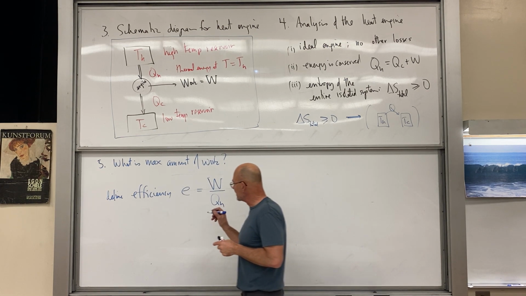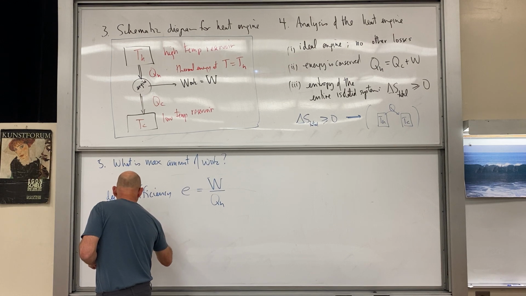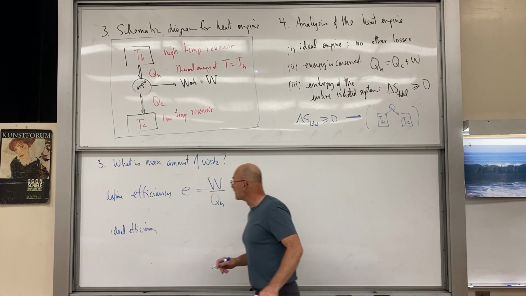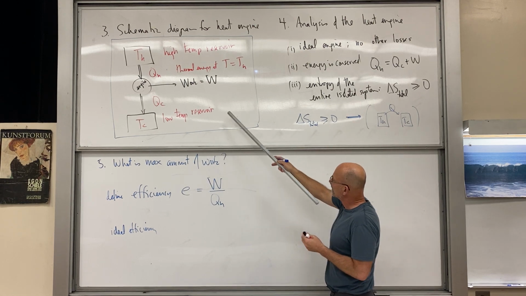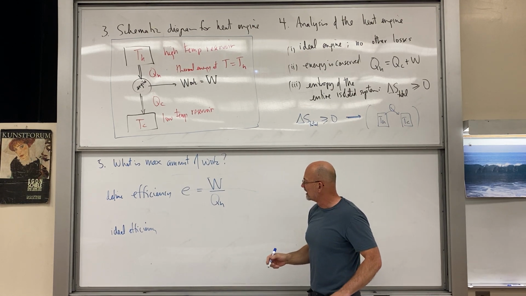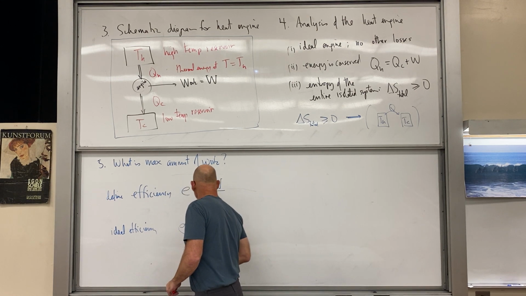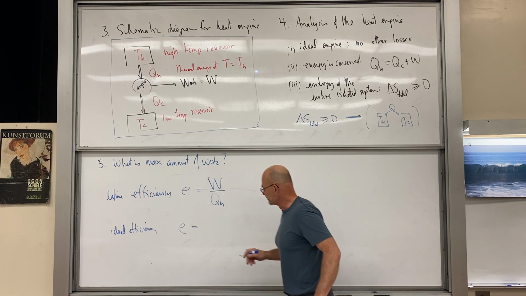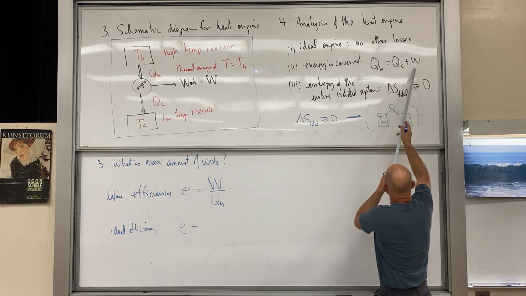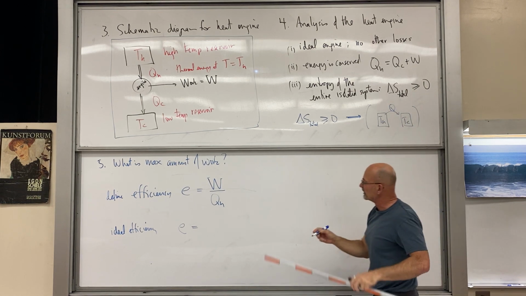Now the ideal efficiency involves the fact that we have energy being conserved right here. So the ideal efficiency for this engine, I'm just going to use the same letter, would be taking W being equal to QH minus QC.